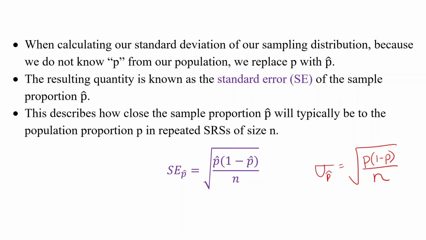Because of that error, we call this the standard error of our sample proportion p-hat. It's quite the mouthful, so I write it SE sub p-hat. Some people also write just SE and then p-hat in parentheses as the notation, but it's just a notation to describe the standard error of p-hat. We're going to use that to calculate our confidence interval.